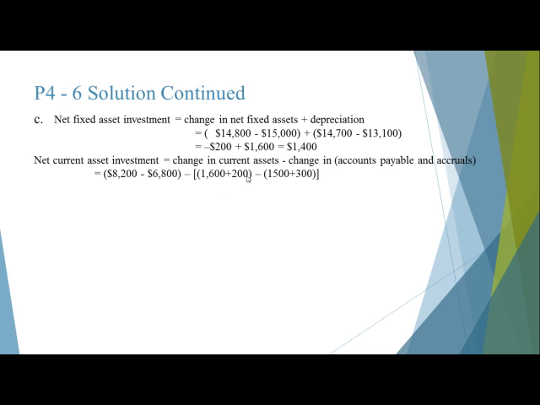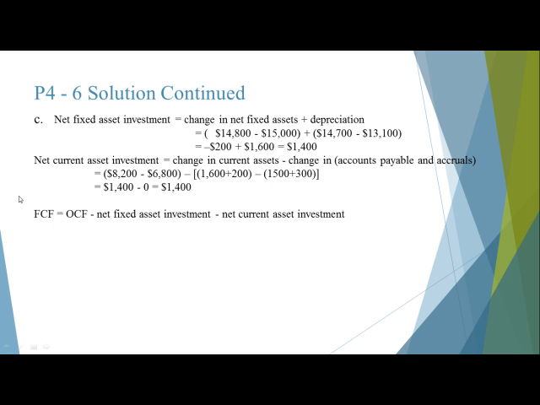So we take the sum of these two numbers minus the sum of the 2011 numbers. 1,500 is accounts payable in 2011, and 300 is the accruals number in 2011. So net current asset investment is 1,400.